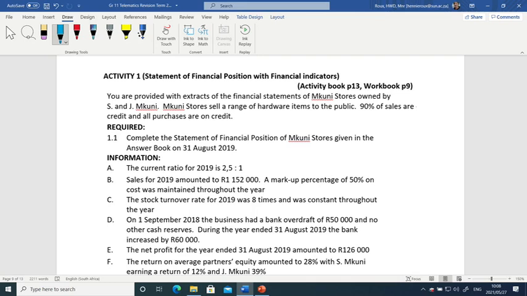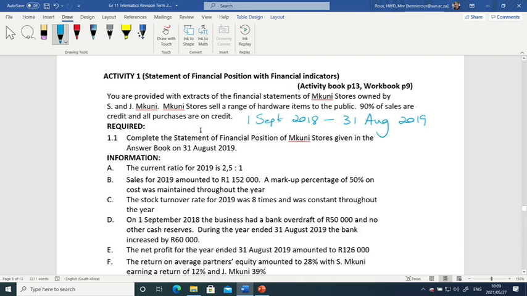Now we have to complete the statement of financial position on the 31st of August. In other words, my year started on the 1st of September 2018 until the 31st of August 2019. There's my financial year that I'm working in.